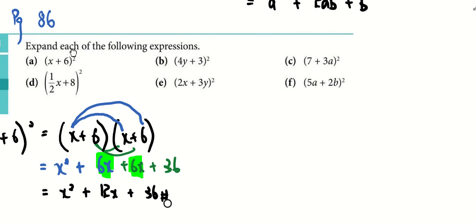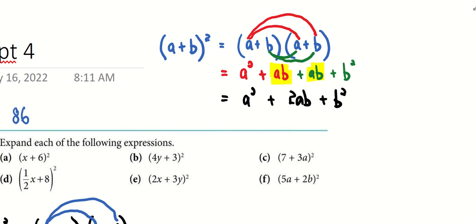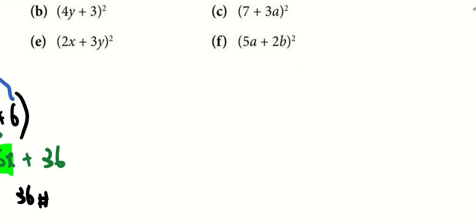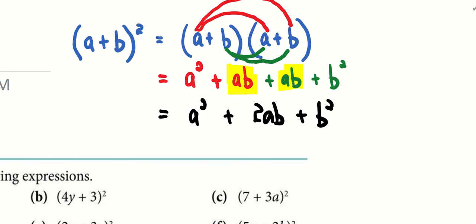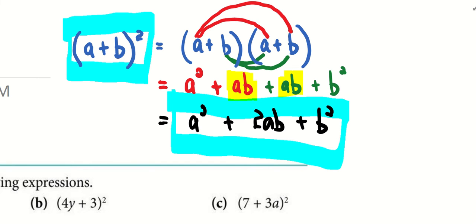Rather than doing just rainbow expansion, which you all can do, I'm going to show you a different method. That means the one that I need you to remember is the formula over here. You just need to change your A and your B and see whether it works using the formula.